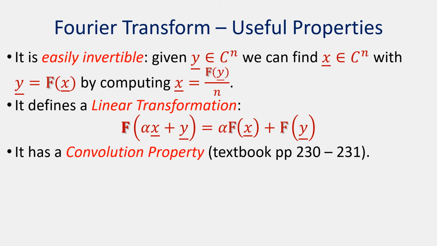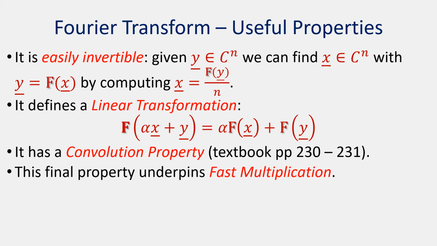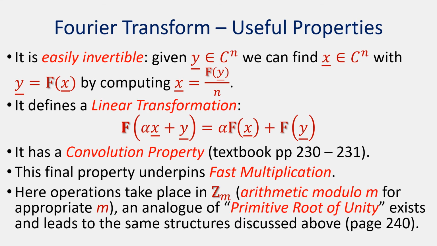It has what is called a convolution property. I'm not going to go into details about what that means. If you're interested, I refer you to those pages of the textbook. The reason why I mention the convolution property is that it's the key to implementing a fast multiplication algorithm.